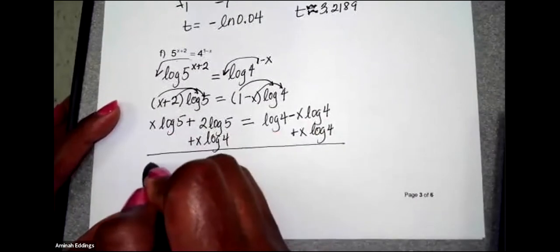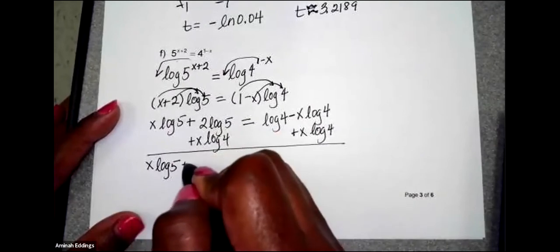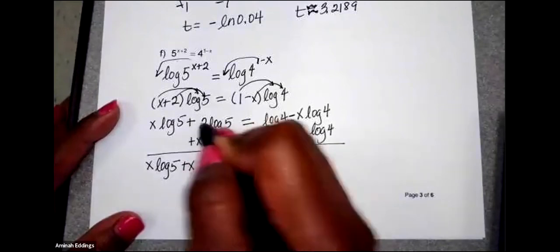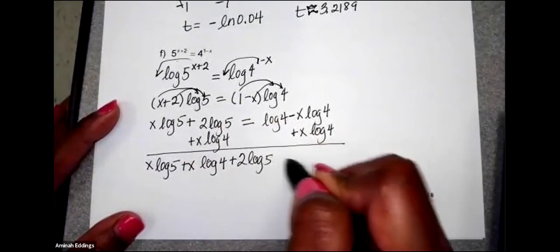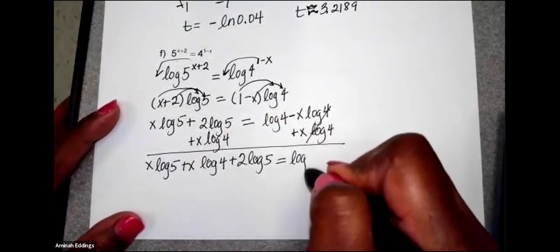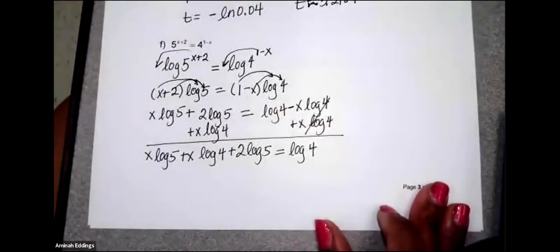So what I'm going to have is x log 5 plus x log 4 plus 2 log 5 is equal to log 4. Let me stop there and make sure everybody is with me.